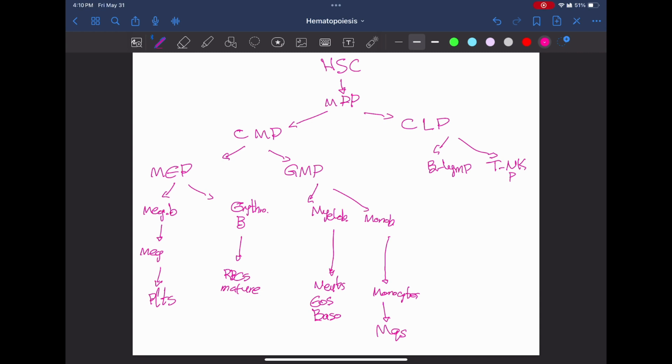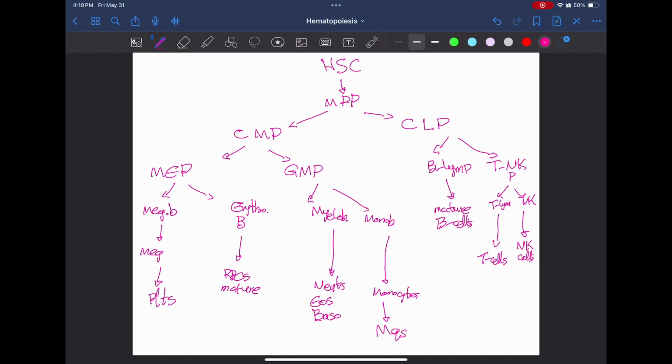B lymphoid progenitors can give rise to mature B cells, and T NK progenitors will give rise to T lymphoblasts or T lymphoid progenitors, and NK progenitors. T progenitors are going to give rise to mature T lymphocytes or mature T cells, and NK progenitors are going to give rise to NK cells.